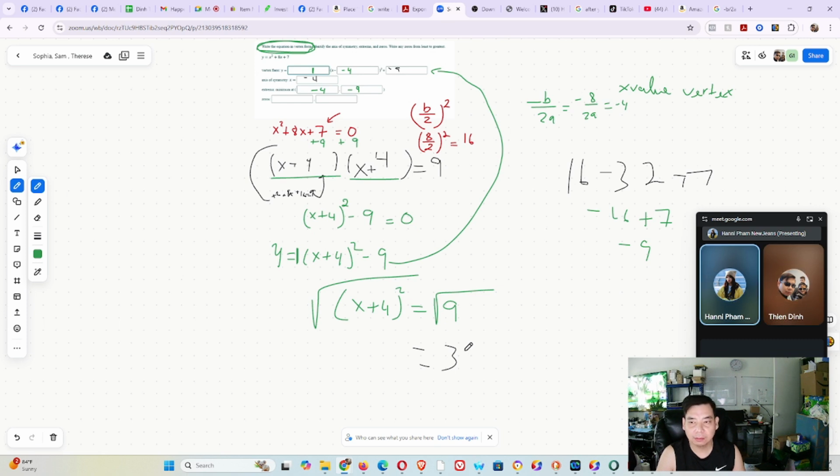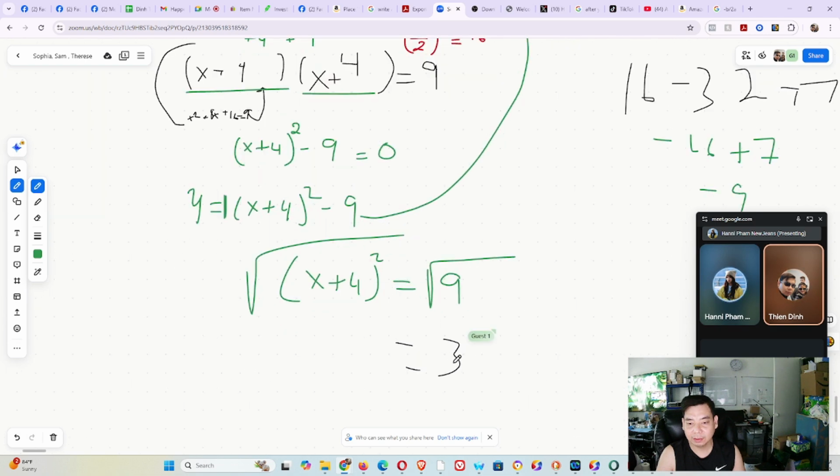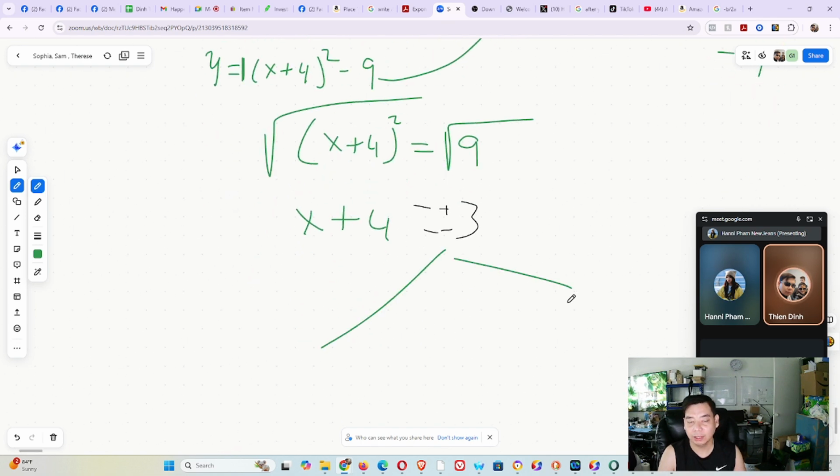Close. We did like 4 problems. Come on. Square root of 9 is... there you go. Plus or minus 3, right? And here you have x plus 4 equals plus or minus 3. You split into 2 equations. Go for it.